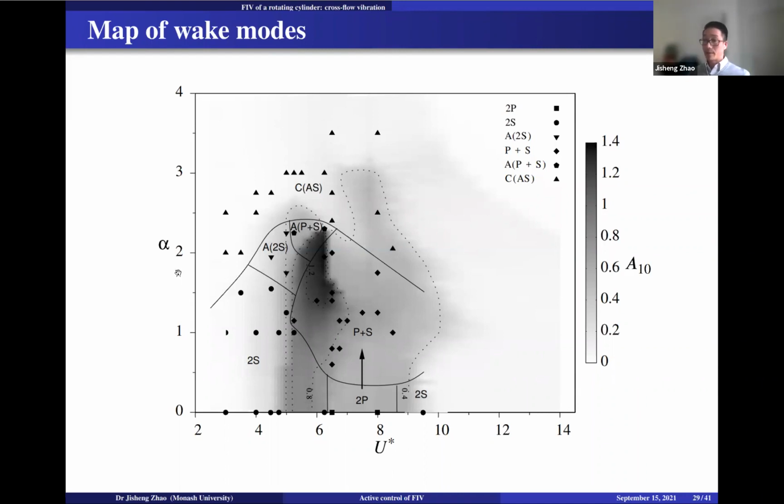If we plot the amplitude contours as a function of alpha and U star, this is the amplitude contour plot, and then we try to define the vortex shedding mode in different regimes. So we find that the variety of wake modes is quite complicated, and sometimes you can find the wake modes are not stable, they can switch in time as well. So quite complicated.